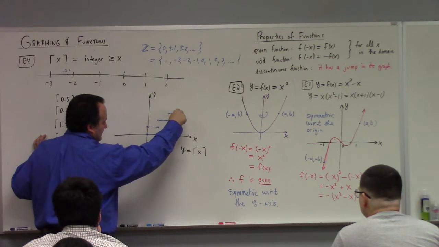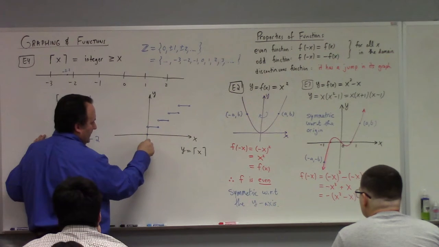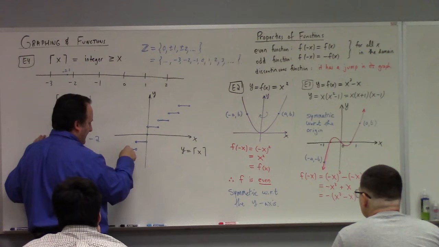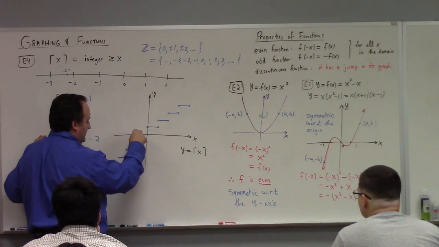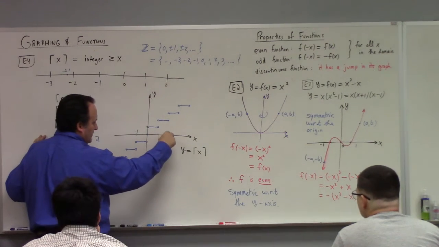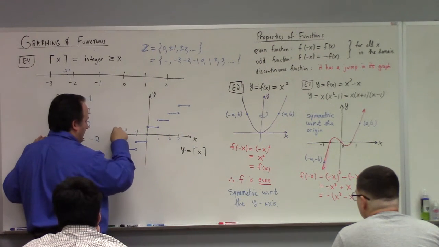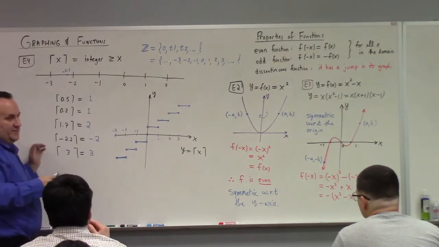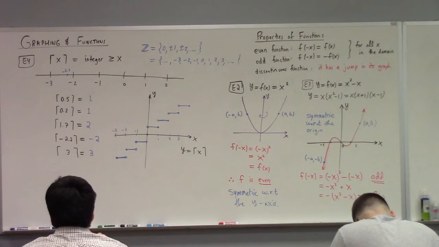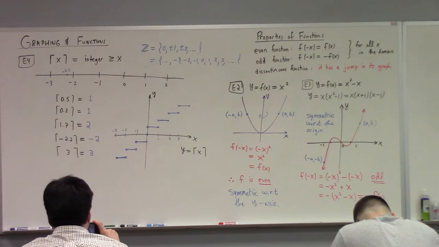Yeah, exactly, it's a staircase. So it's like -1, 1, 2, 3, and so forth, on and on forever. Infinite staircase is the graph of the ceiling function.